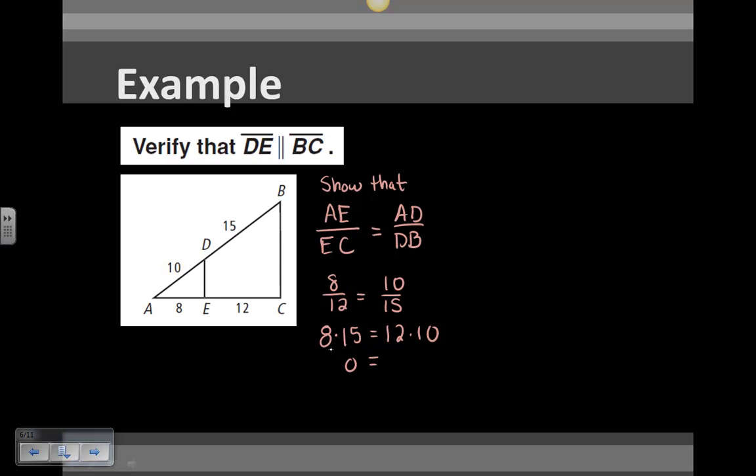That gives me 120 and 120. So yes, because these are the same, we can say that segment DE is parallel to segment BC. And that's by using the converse of the triangle proportionality theorem.